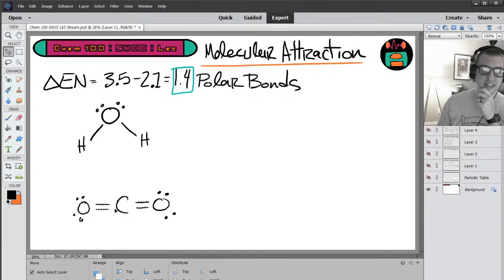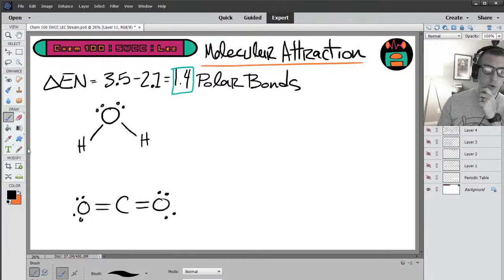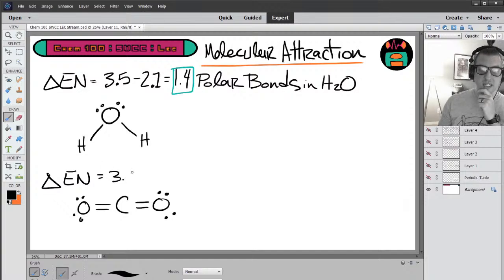All right, let's look at the electronegativity difference for carbon dioxide. Oxygen has an electronegativity of 3.5. Carbon has an electronegativity of 2.4.